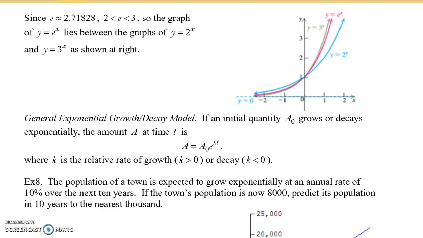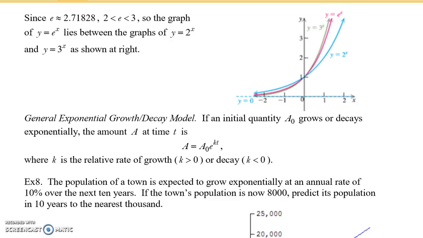Since e is a positive constant not equal to 1, it can serve as the base of an exponential function, and the properties of f of x equals e to the x are similar to those of other exponential functions. Since e is approximately 2.72, e is between 2 and 3, so the graph of y equals e to the x lies between the graphs of y equals 2 to the x and y equals 3 to the x.